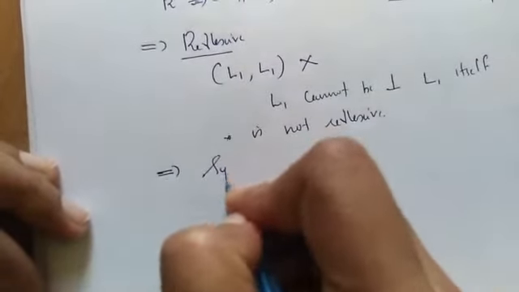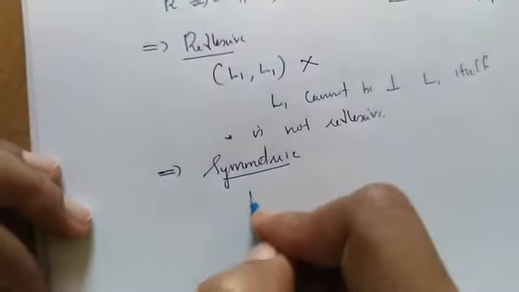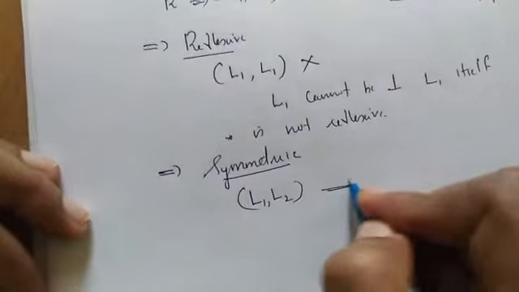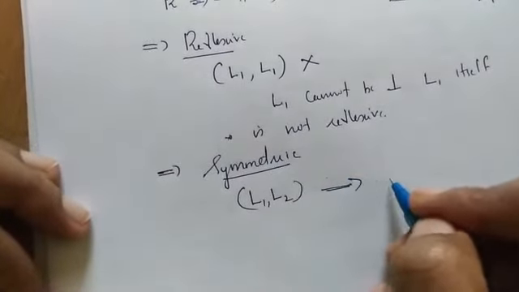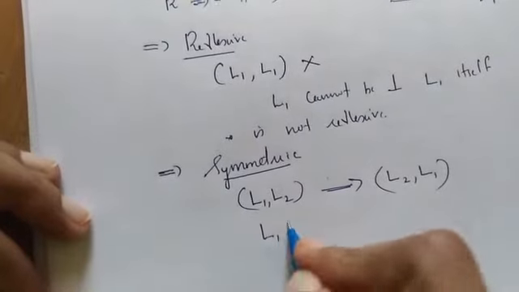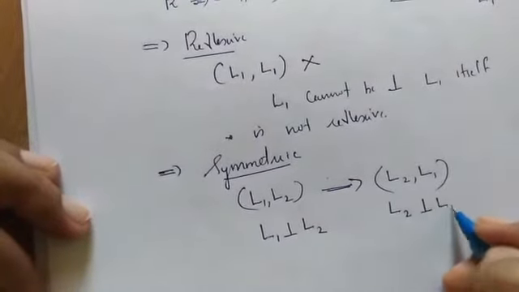Next is symmetric. According to the relation (L1, L2), we have to prove (L2, L1) also. That means L1 is perpendicular to L2, and L2 is perpendicular to L1.